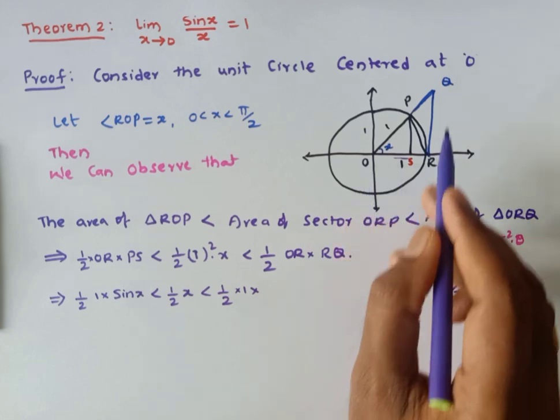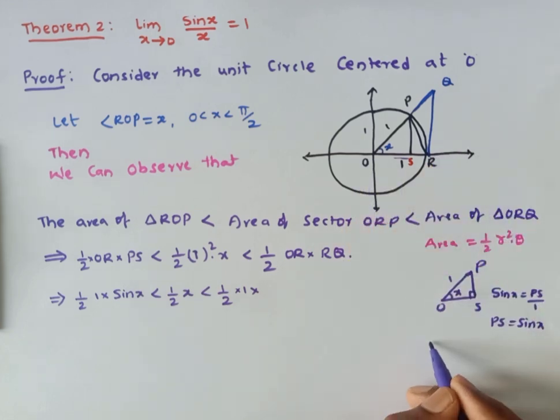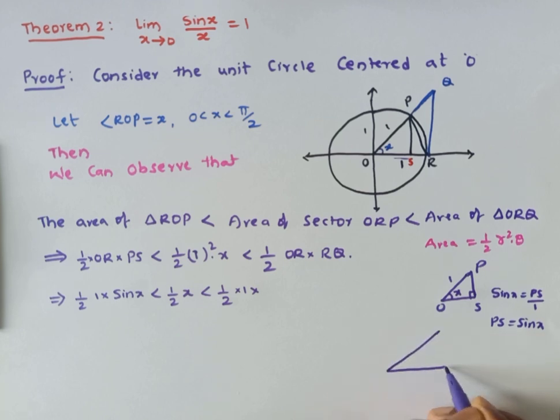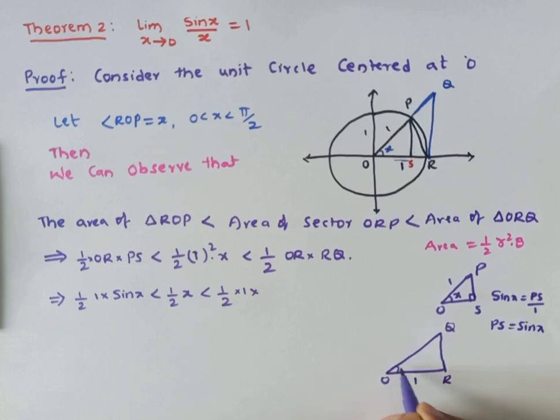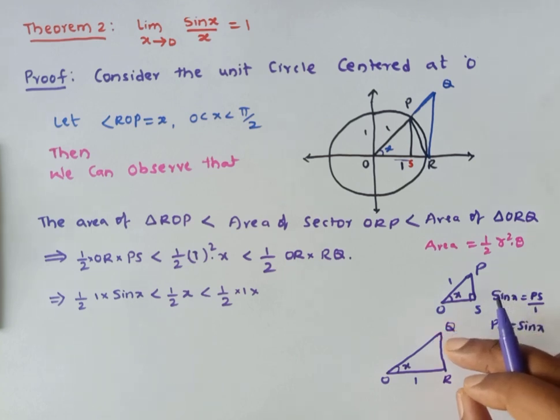So again ORQ is a right angle triangle. Consider the triangle ORQ. Here we know this length is 1, and this angle is X. Now we need to express this RQ in terms of a trigonometric ratio.